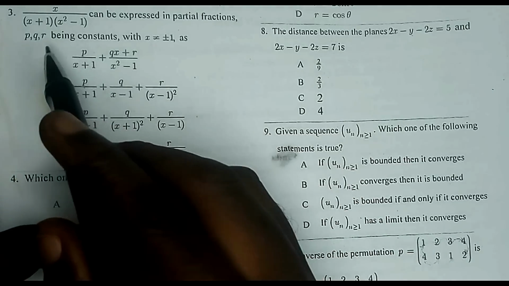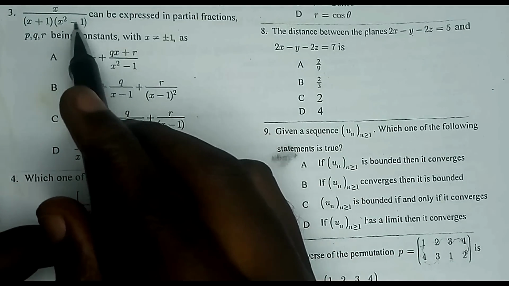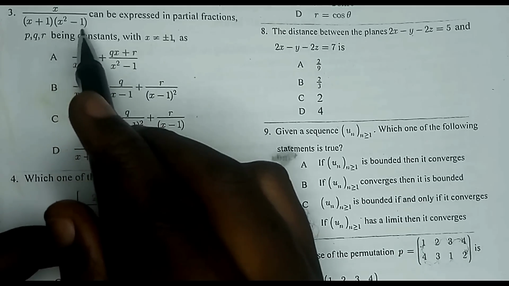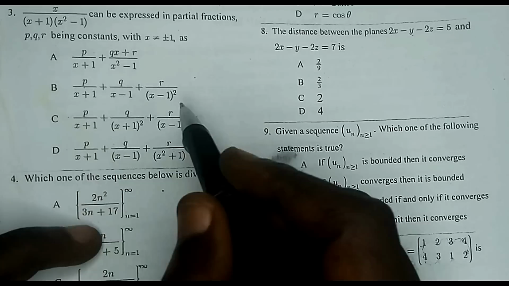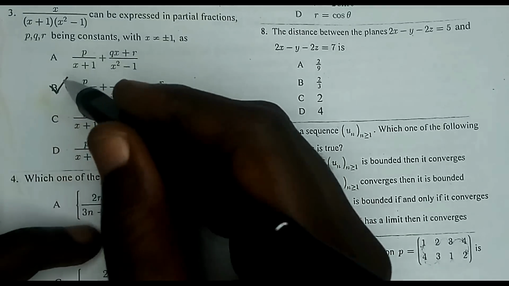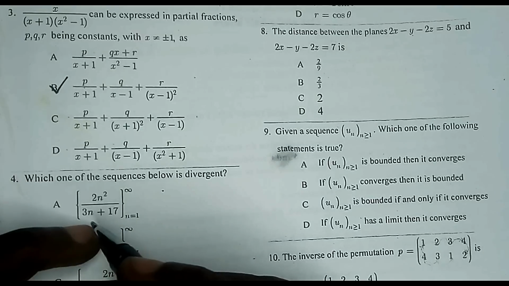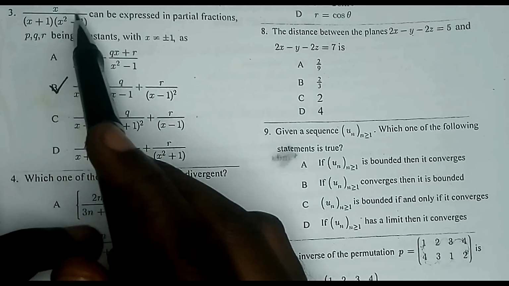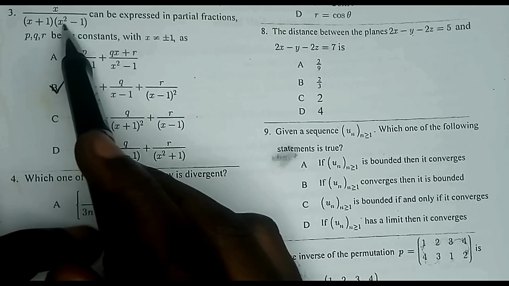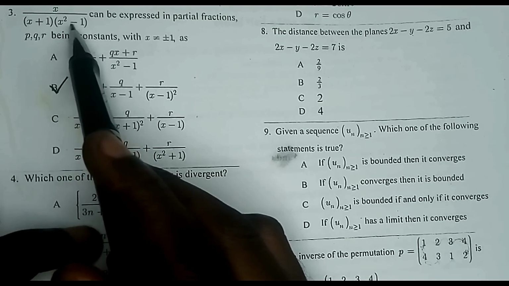In number 3, we have B as the answer. You can notice that to get this as a partial fraction, the factor x squared minus 1 is still factorizable.